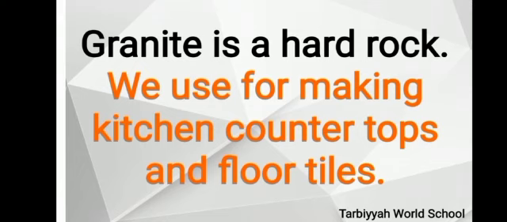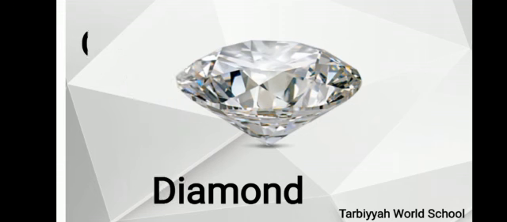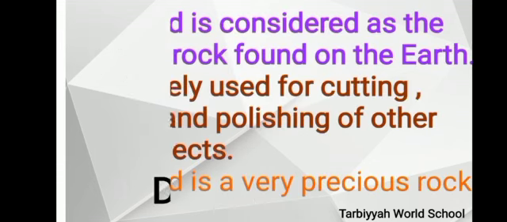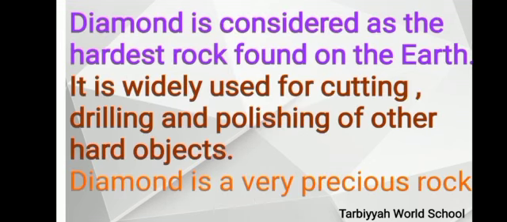Diamond is considered the hardest rock found on the earth. It is widely used for cutting, drilling and polishing of other hard objects. Diamond is a very precious rock. Thus, it is also used to make jewelry.